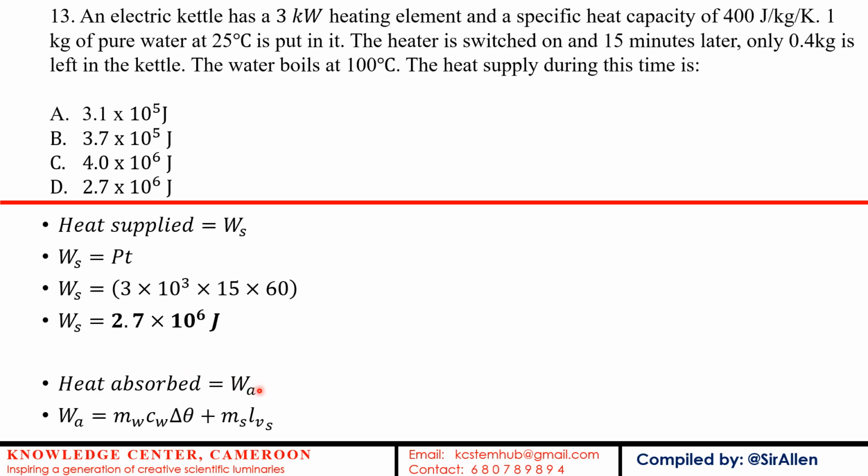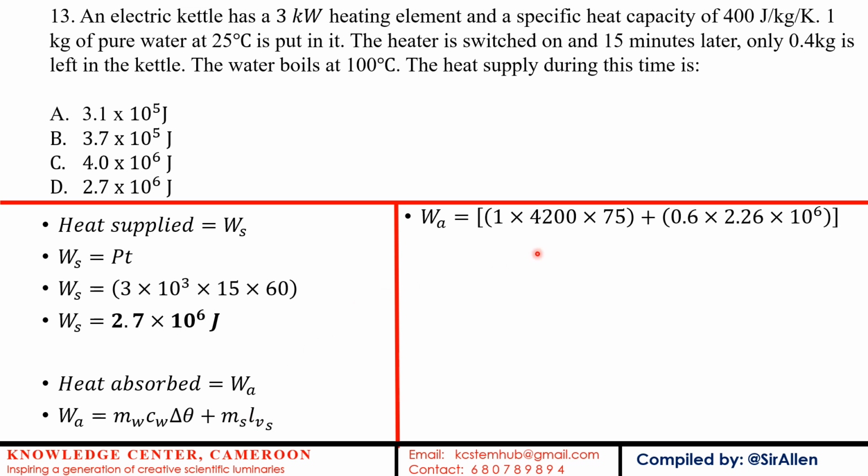Okay, so the heat absorbed, WA, is actually going to be, now you're heating that water, so the water has to change temperature from 25 all the way to 100 degrees Celsius, where it now starts to boil. So you first of all heated the water to 100 degrees Celsius, then you now change the state of the water. Okay, so all of the water is changing temperature. So 1 kilogram of water has to change temperature from 25 to 100.